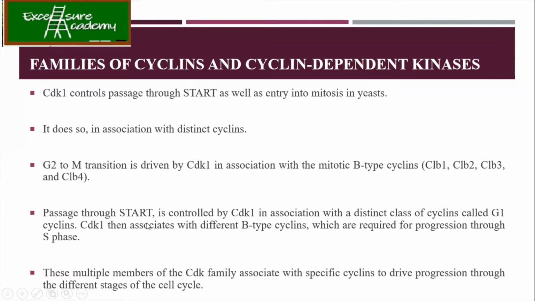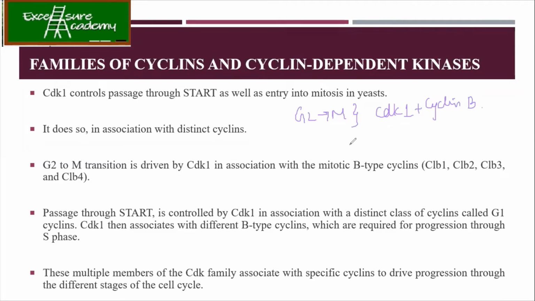Now passage through start is controlled by CDK1 in association with a distinct class of cyclins called G1 cyclins. CDK1 then associates with different B-type cyclins which are required for progression through the S phase. Okay, so right now what we are saying here is that G2 to M is your CDK1 plus cyclin B. Clear?